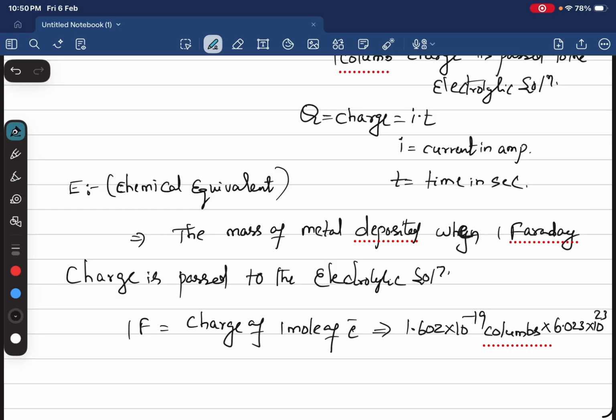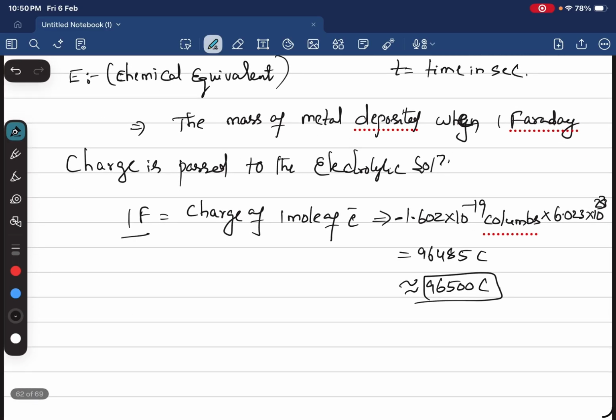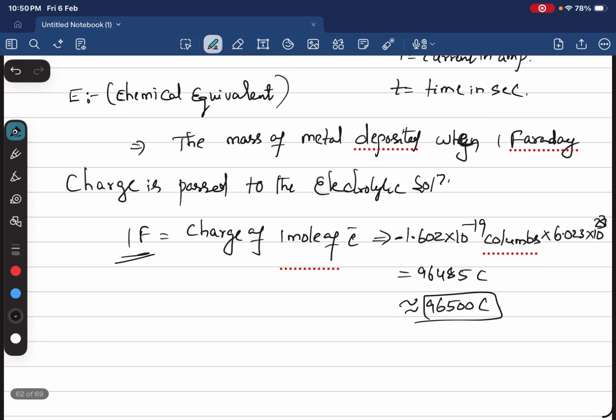If you multiply this, you get 96,485 coulombs, approximately written as 96,500 coulombs. This is how we get 1 Faraday charge. When we pass 1 Faraday charge to the electrolytic solution, the mass of metal deposited is the chemical equivalent. Now what is the relation between E and Z?